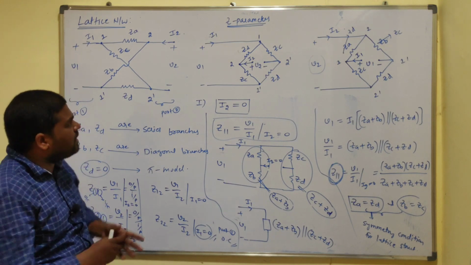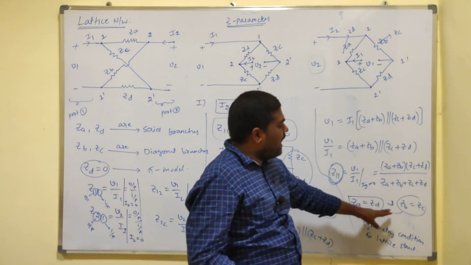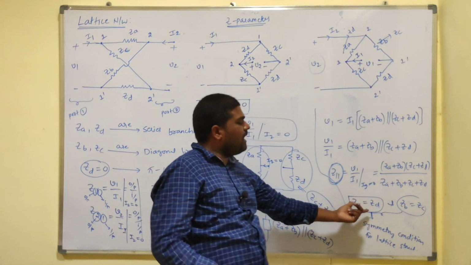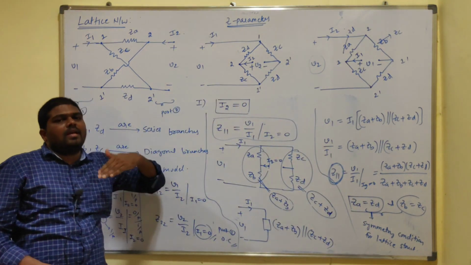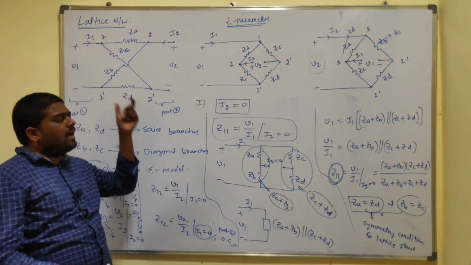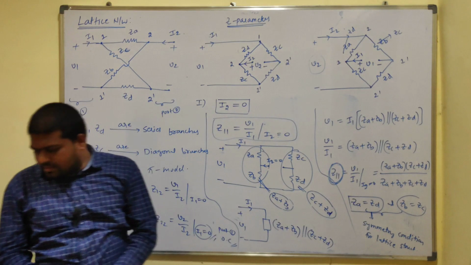Okay, that means for this lattice structure, the symmetry condition is ZA equals ZD and ZB equals ZC. If you take any other equation here, you won't get the same network from port 1 as well as port 2, right? So that's why for the symmetry condition, ZA equals ZD and ZB equals ZC.